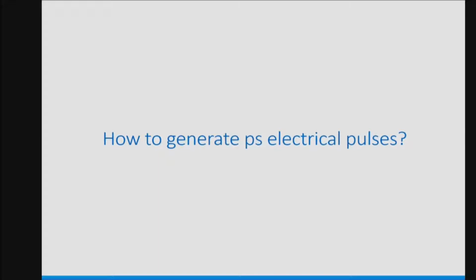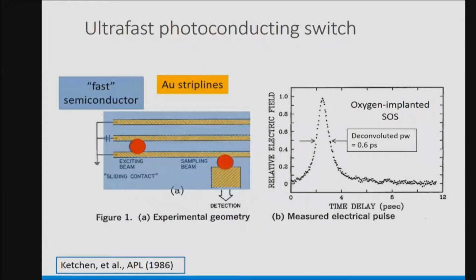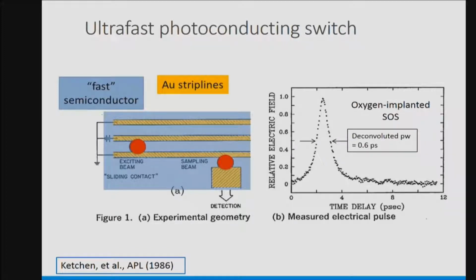Now, the first way of doing it is using a technique developed actually way back in the mid-1980s using very fast photoconductive switches. So you create a gold strip line, and you put it on top of some semiconductor material, put a DC bias on one of the lines.